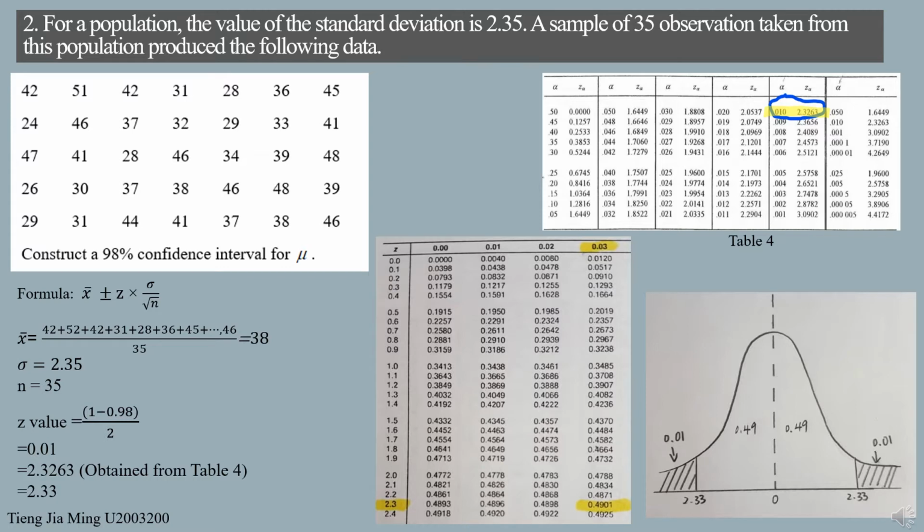Now we can find the z value. The z value is equal to 1 minus 0.98, divided by 2 because of the left and right side. We get 0.01. In table 4, we will obtain the value 2.3263.